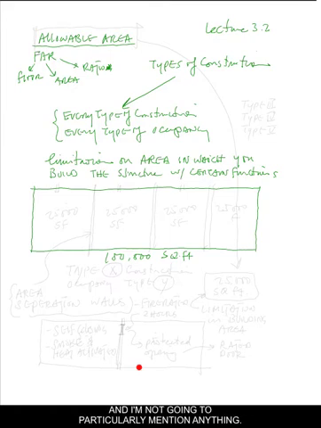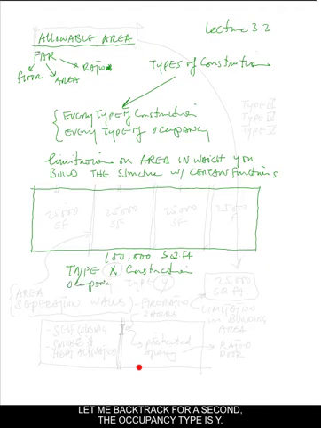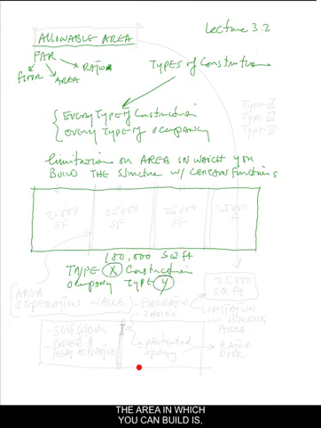I'm not going to mention anything particular, but let's say I call it a type X construction. And the code allows that for the occupancy type, let me backtrack for a second, the occupancy type is Y. So for the type X construction and a type Y occupancy, the area in which you can build is, let's say, 25,000 square feet.